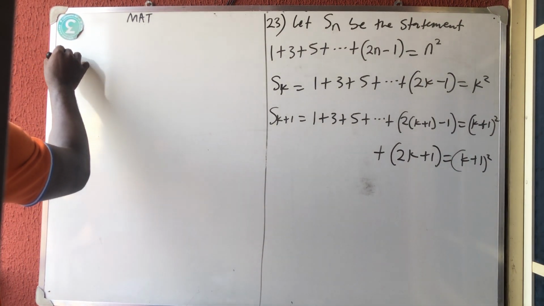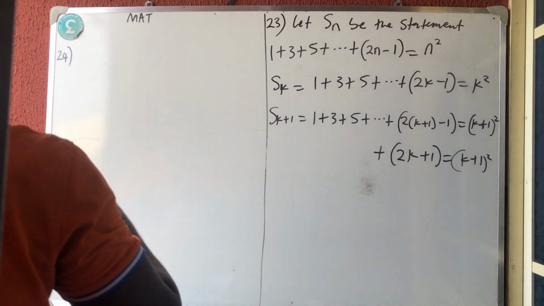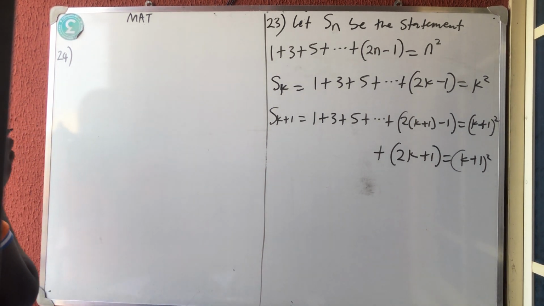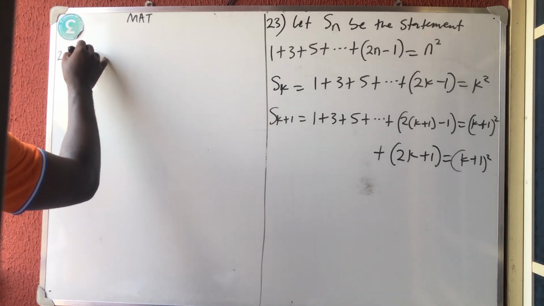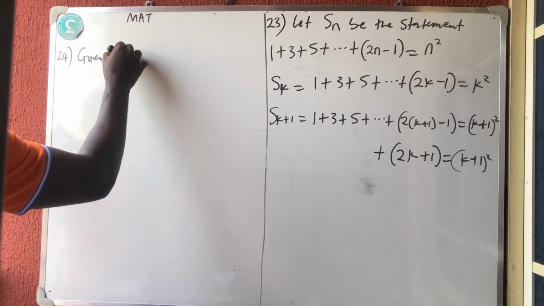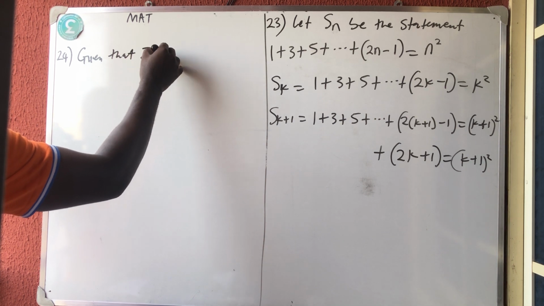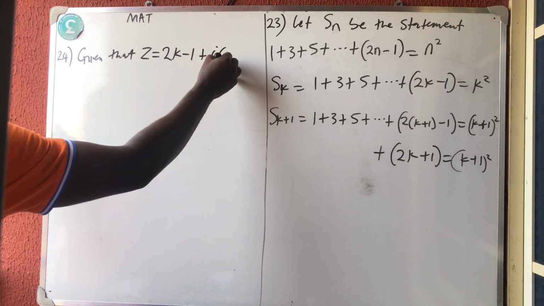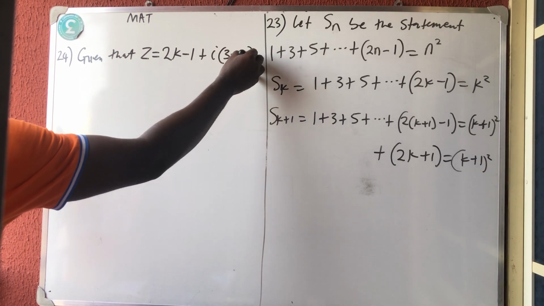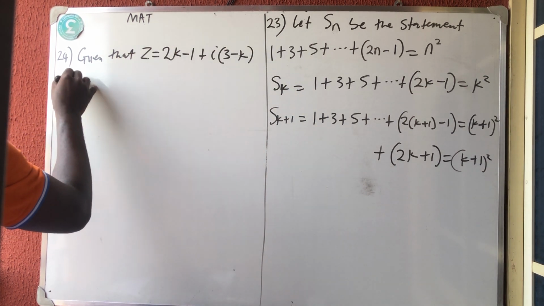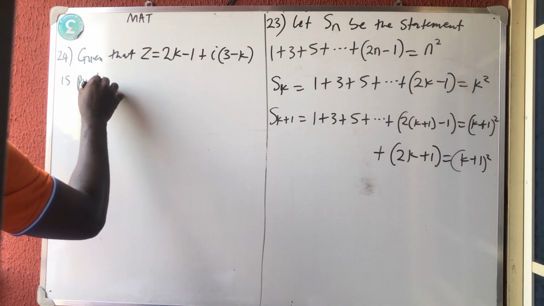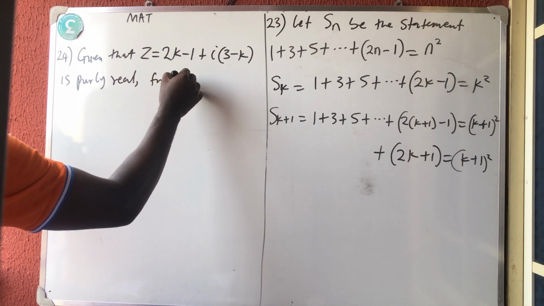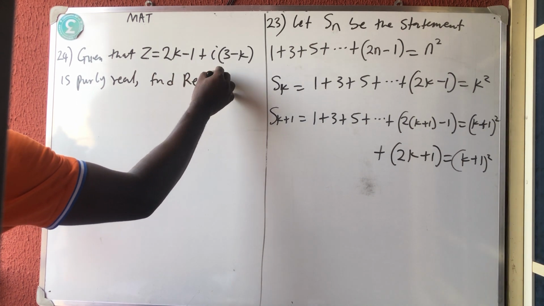Number 24. Number 24 said, given that z is equal to 2k minus 1 plus i into 3 minus k is purely real, then find the real part of z.